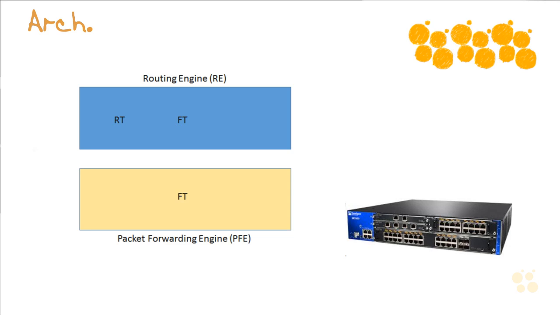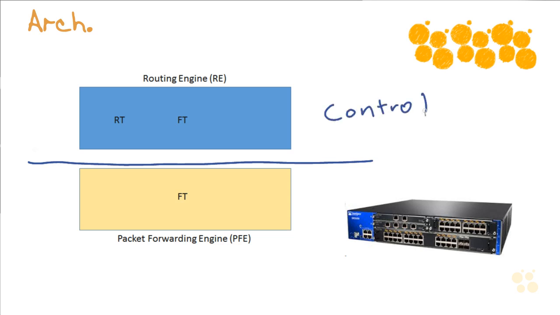In fact, the entire thing is cleaved in two. Let me show you this. So here we have a great look at a separation that exists with all of these processes, that is the control plane and the forwarding plane.